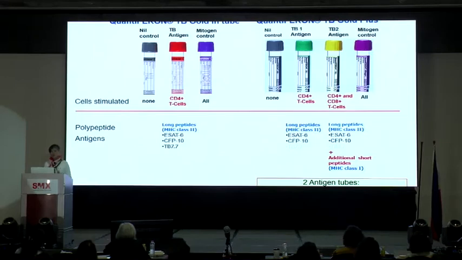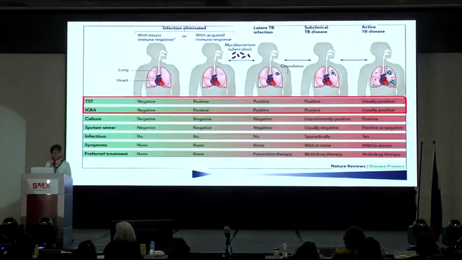Now, these 2 tubes in LTBI should be duplicates, very close in the quantitative value to each other, or the TB2 tube should be definitely higher if you're having a CD8 response. It also allows you to calculate the CD8 response by subtracting the CD4 interferon gamma, that is, subtracting TB1 from TB2, okay?